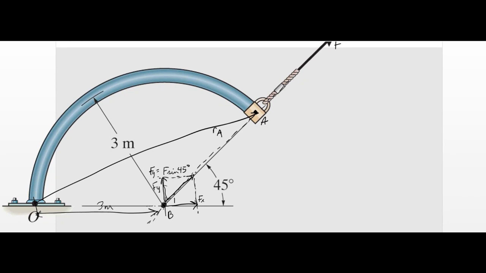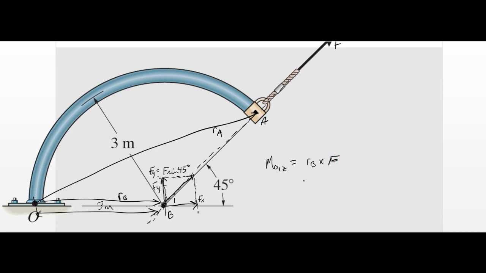You can multiply it out, but the easiest way to calculate the moment about O in the z-axis, which is going to give you a positive moment, is r cross F. So this one we can do with rB, rB cross F.